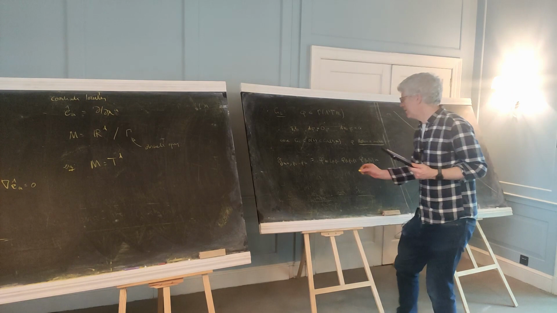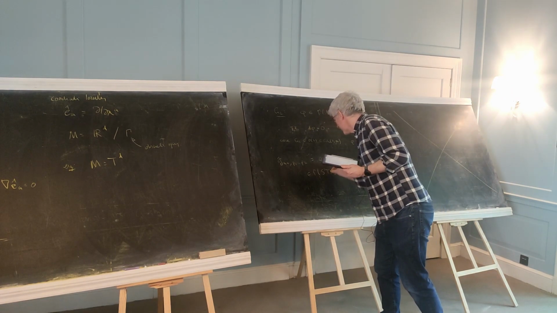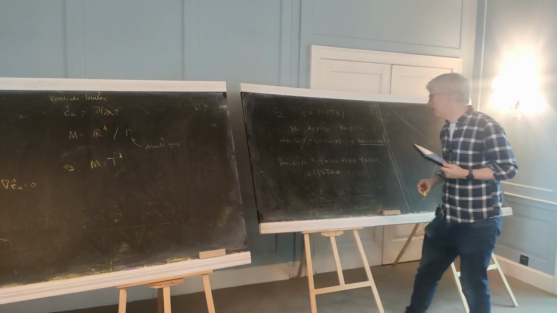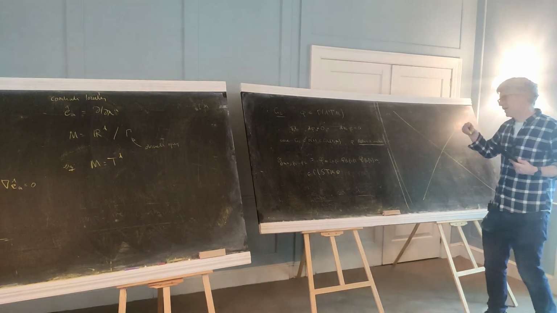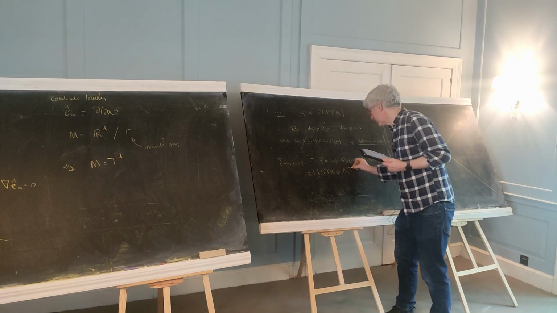So this is something which is symmetric in 2 downstairs indices, and it looks like a top form in the other ones.